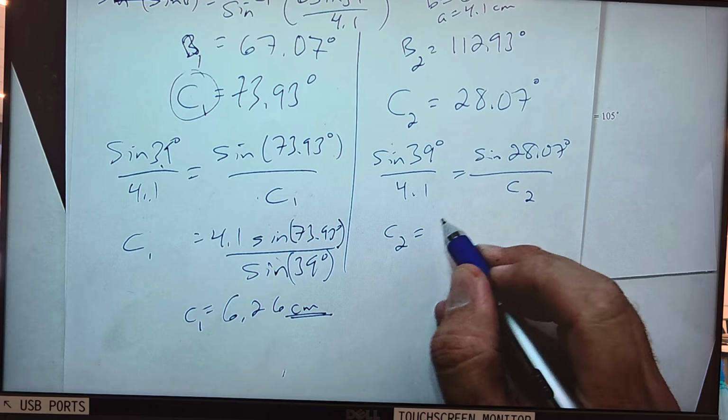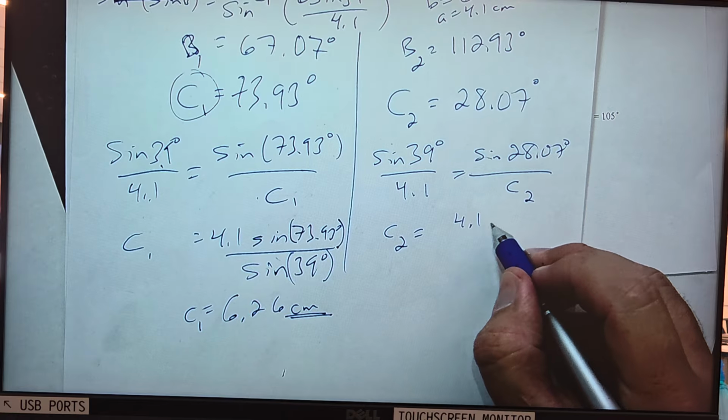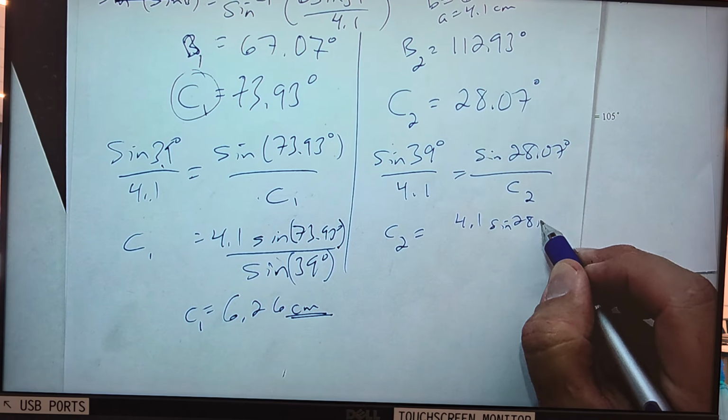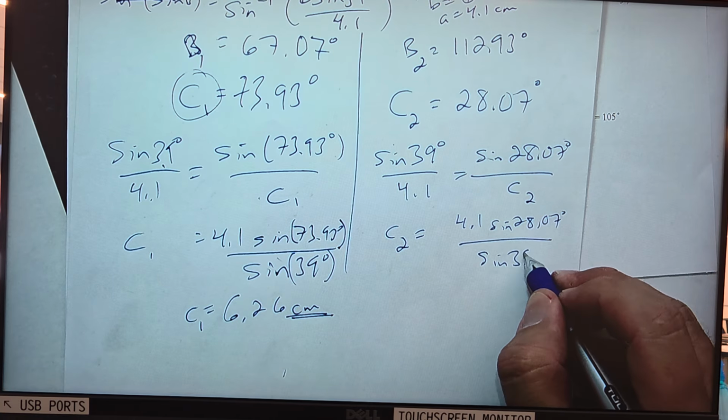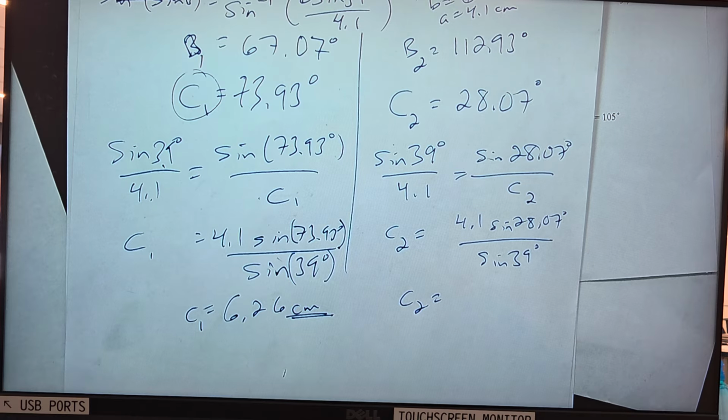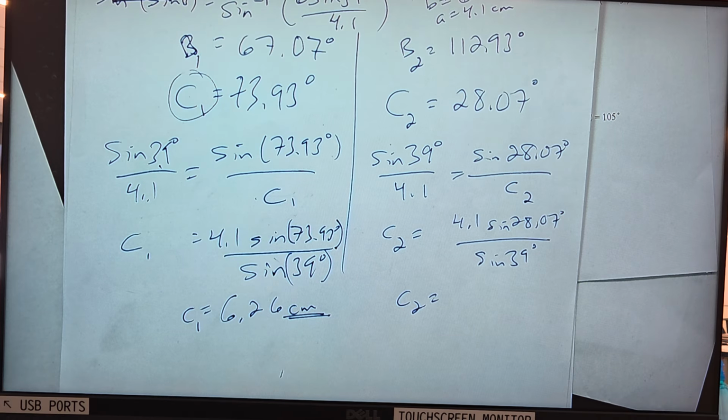So C2: multiply 4.1 up, divide sine 39 down. What's that? I'd guess like 9.4.